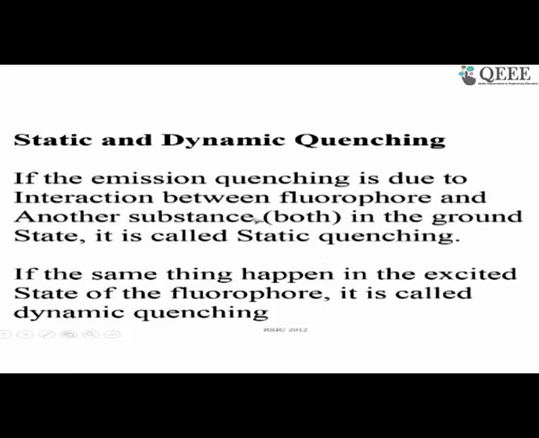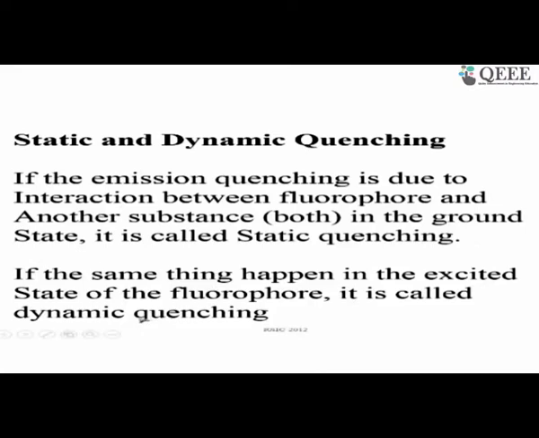In static quenching, the fluorophore and the other species, which you can call the quencher, both interact in the ground state. Whereas in dynamic quenching, the fluorophore will be in the excited state and the quencher will be in the ground state. So they interact, but for the fluorophore, the interaction is happening in the excited state. That's the difference between static and dynamic.